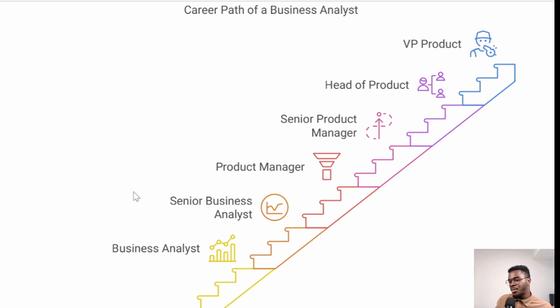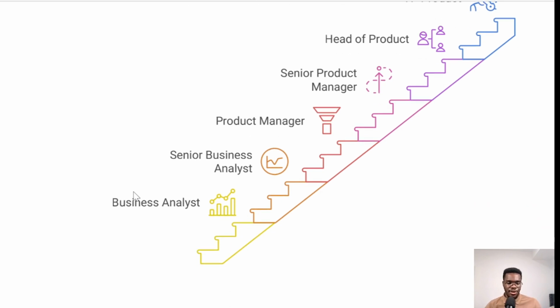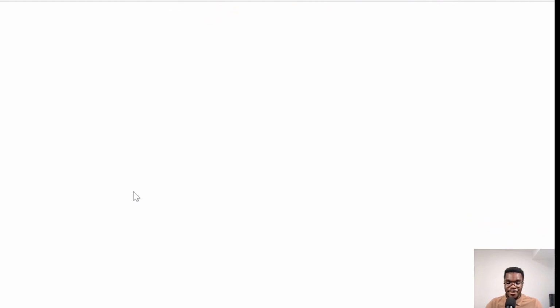From there, you move on to a more senior role, say for example, a senior product manager. Then you become head of product. From there, you go on to become vice president of product. And from there, you can go on to the C-suite level: CTO, Chief Technology Officer, CPO, Chief Product Officer. Okay, you can then just go on from there, and that's about it.